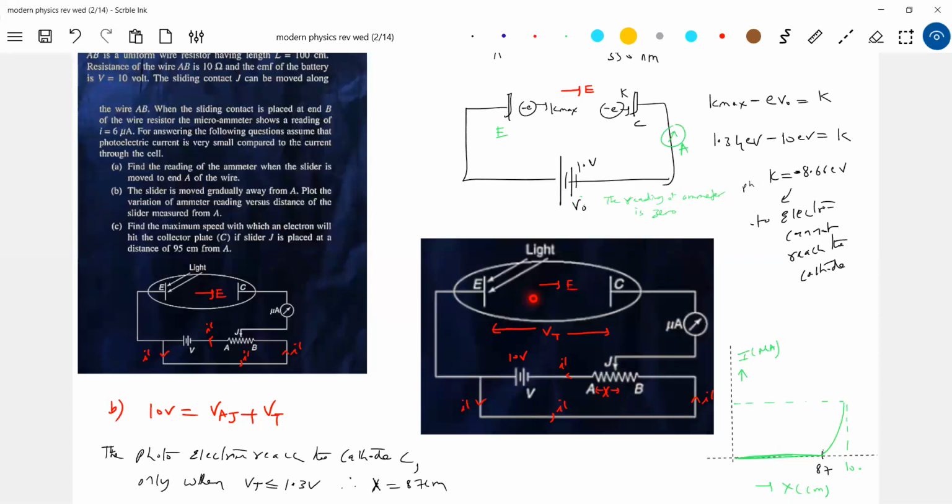The space charge layer will never move. Along with Kmax, the other electrons also start moving.